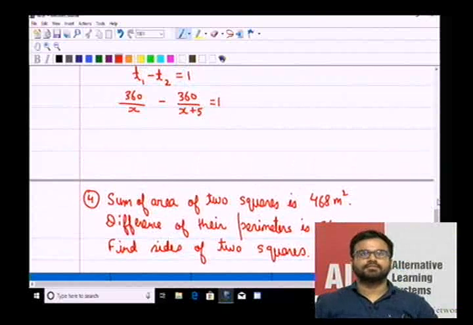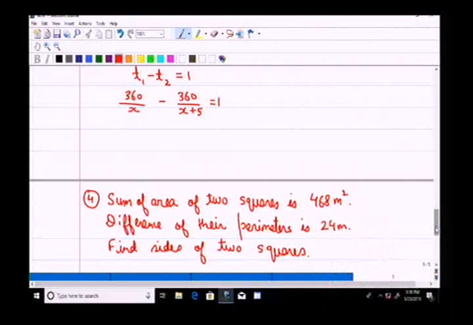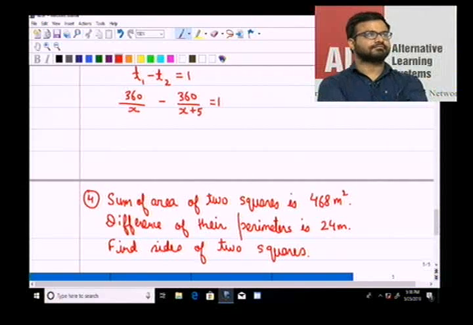Next question, those who have done. No, Senapati, 60 is not the correct answer.